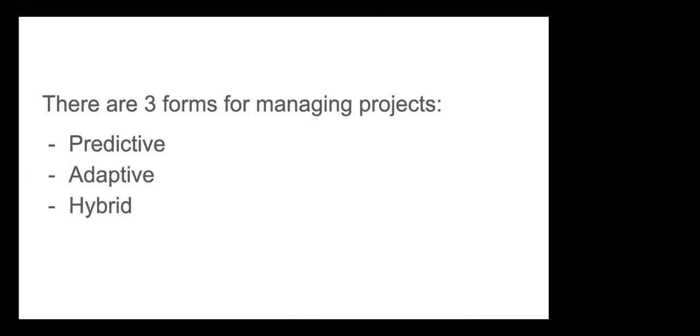If you are doing a predictive approach, you already know from the initial stage of the project the total amount of money you will spend. You already know the time you will start and finish the project. So it is very difficult when you are moving to the adaptive method, whereby it is change-driven.